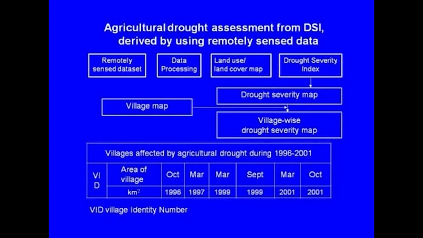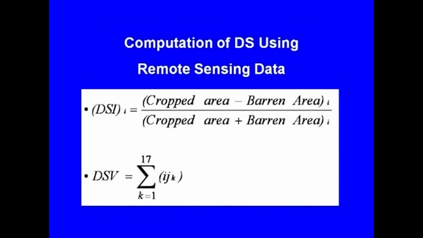DSI can be found out by a relationship which is very similar to NDVI, except that here, instead of taking the satellite data, we try to find out the crop area and the barren area, and then find out the normalized difference relationship of the same.